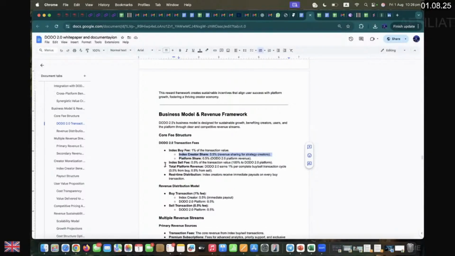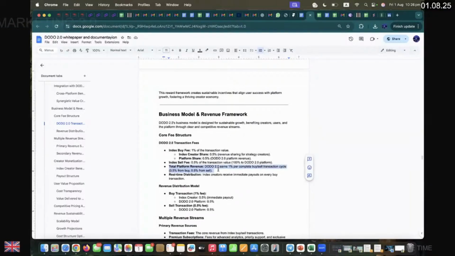The index sell fee, that is 0.5%, will go 100% to the platform, and that will be further reduced if you rise up to a certain level. As I explained, it can go from 5% to 20% down if you progress in levels.